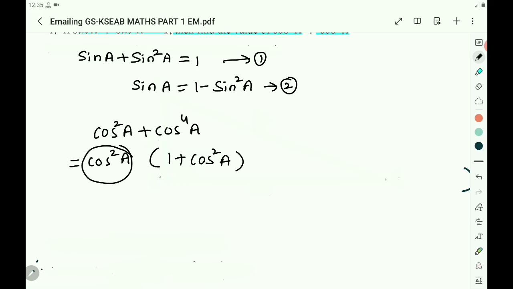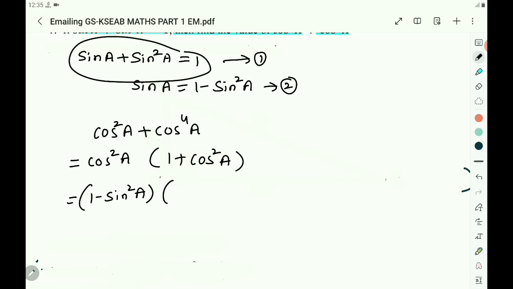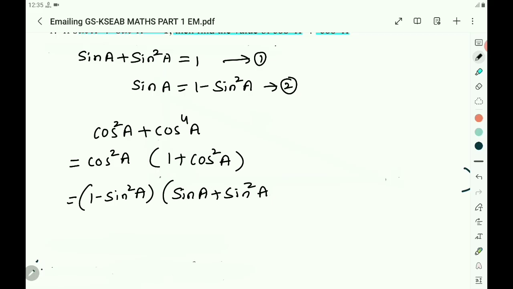Now write cos square A as 1 minus sin square A. You know cos square A is 1 minus sin square A. And in the place of 1, write sin A plus sin square A. So sin A plus sin square A plus cos square A.